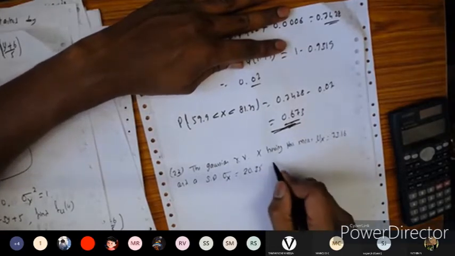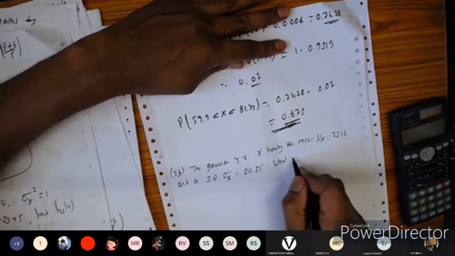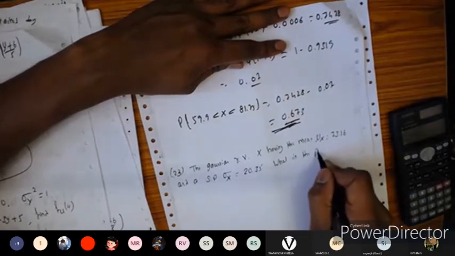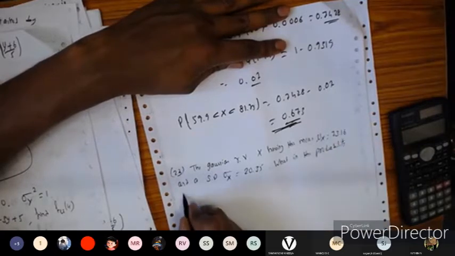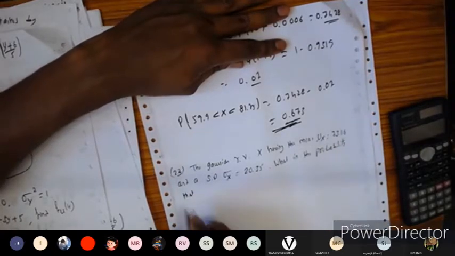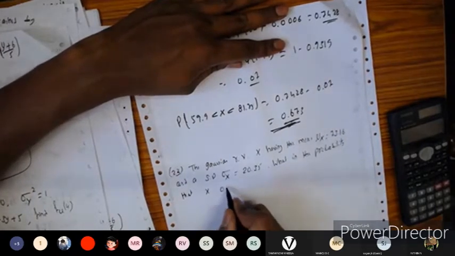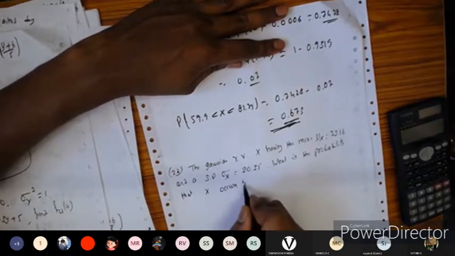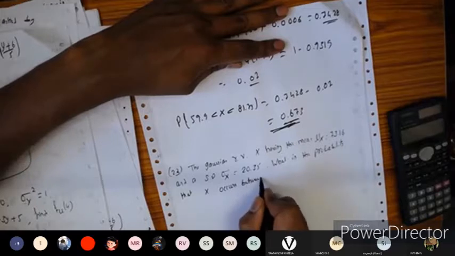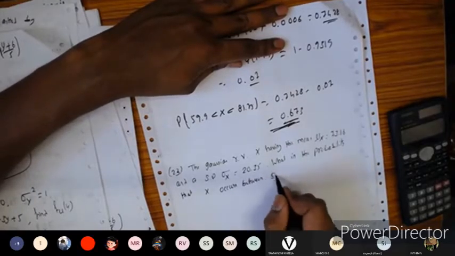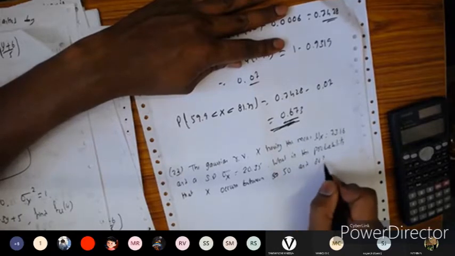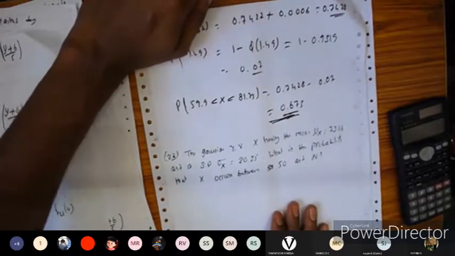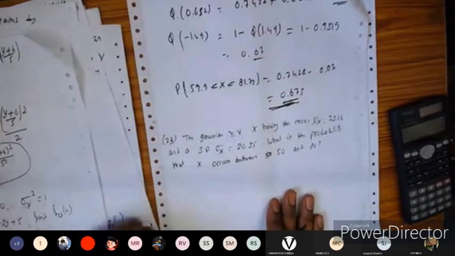What is the probability that x occurs between 50 and 80?